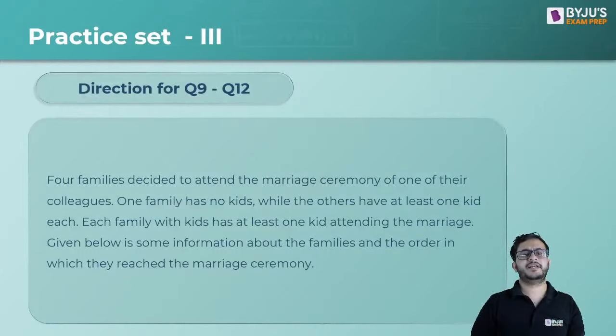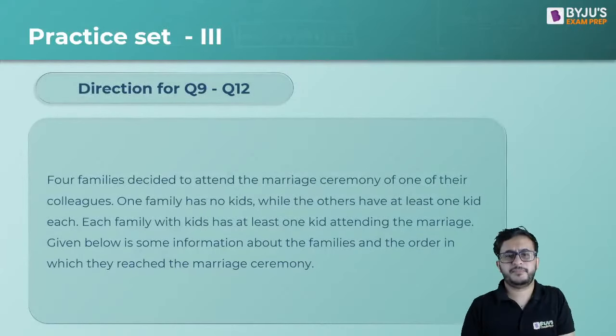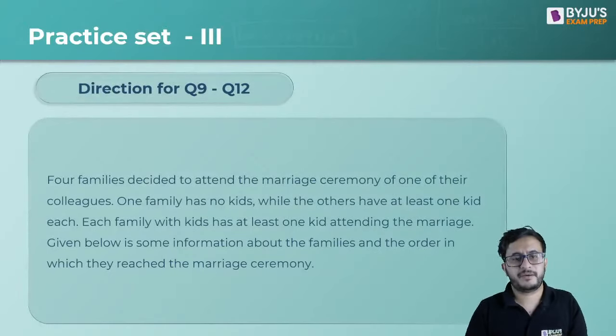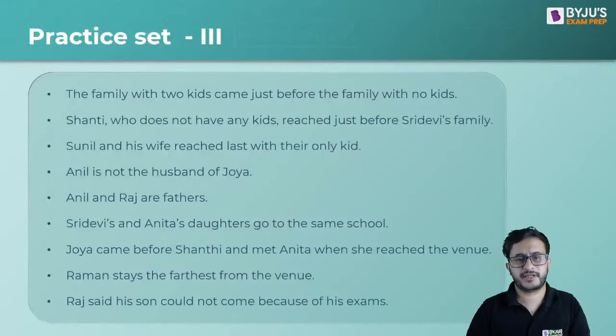It says that there are four families that decided to attend the marriage ceremony of one of their colleagues. One family has no kids, while the others have at least one kid each. Each family with kids has at least one kid attending the marriage. Given below is some information about the families and the order in which they reach the marriage ceremony.